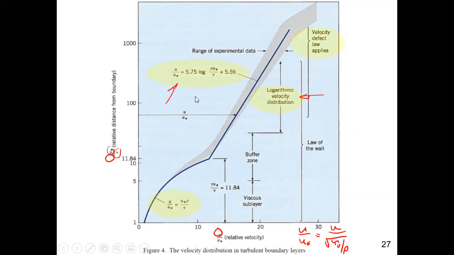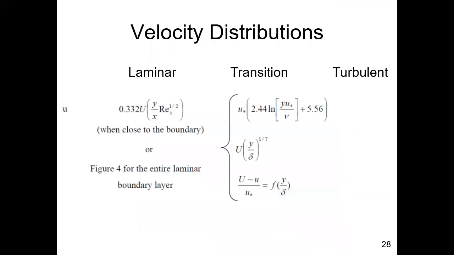And then you see something called the velocity defect law. And the reason why I bring these to your attention, if you go to the bottom of page 6, for velocity, there are the 3 columns: laminar, transition, turbulent. This is the log velocity profile. This is the 1/7 power law, which I didn't call out, and this is the velocity defect.